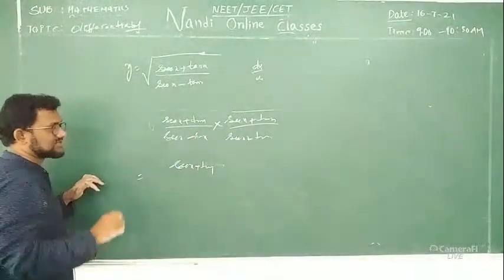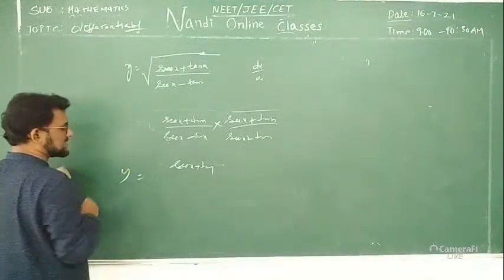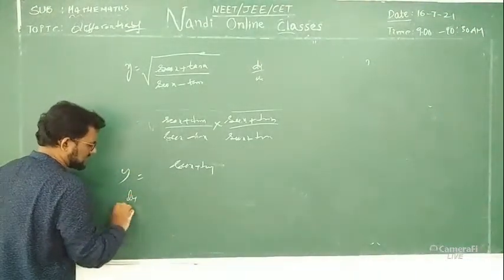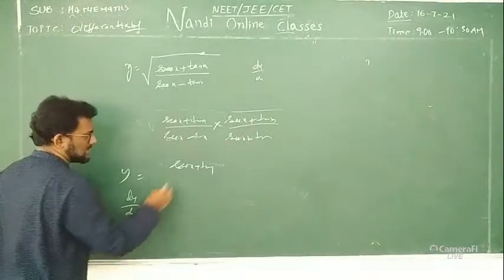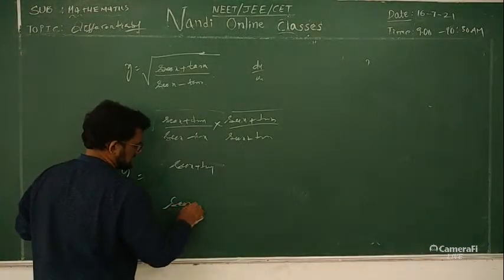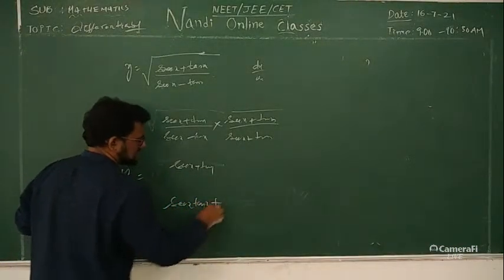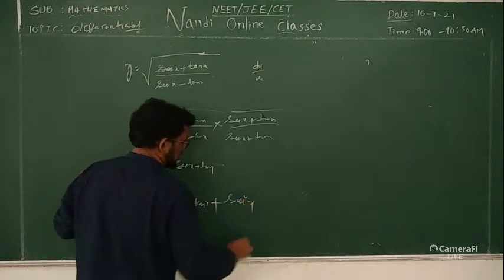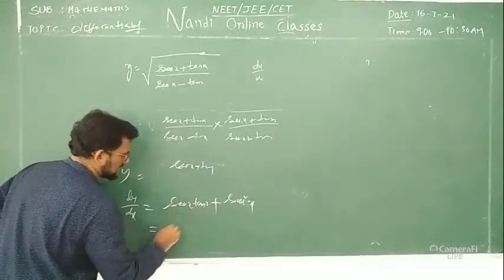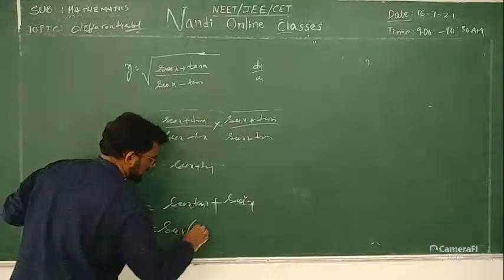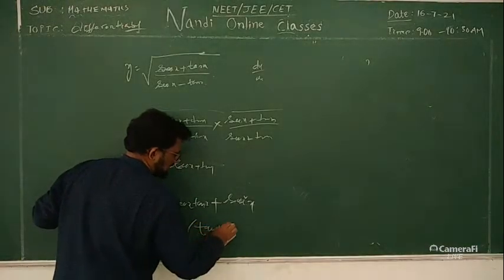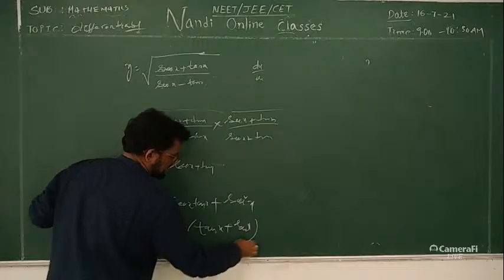Secant square minus tan square is anyhow 1. Therefore your final result is this thing. Now if you differentiate secant x tan x plus secant square x, and take secant x common, secant x (tan x plus secant x) is the answer.